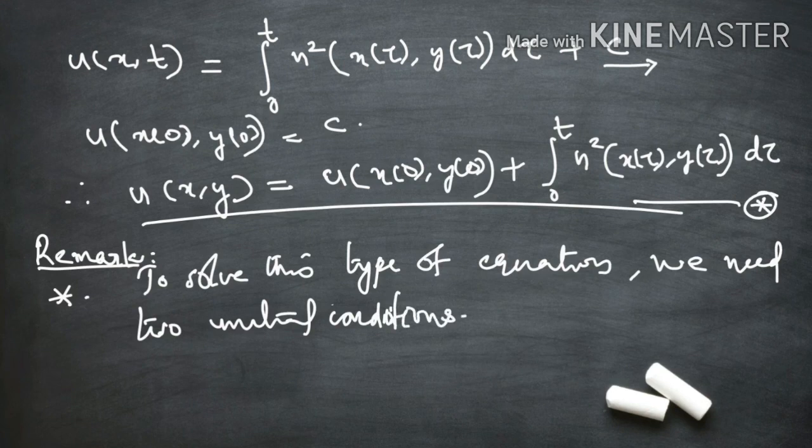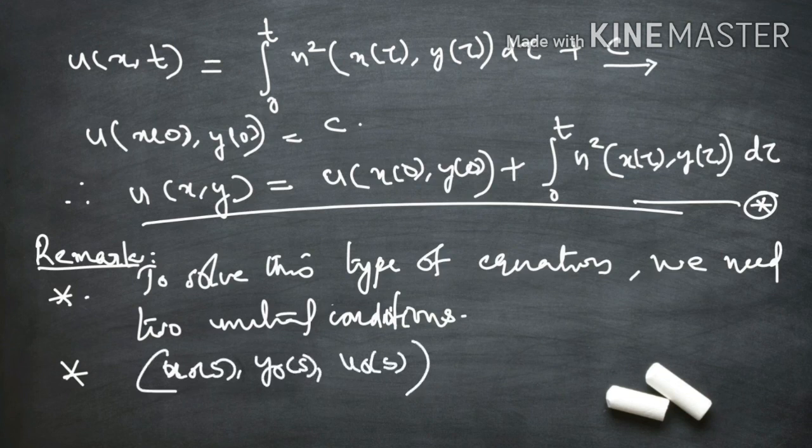And the second one is actually what we have obtained as u of x naught of s, y naught of s and u naught of s.